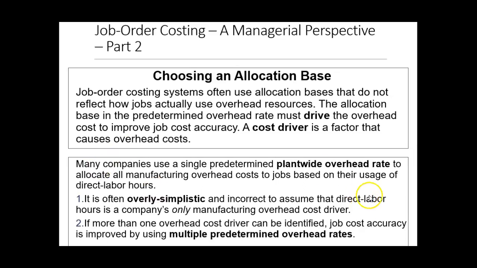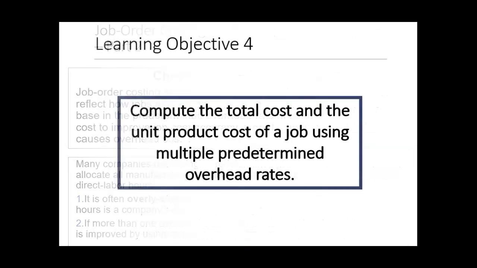To be more accurate, others use what's called multiple predetermined overhead rates, meaning that they may use an overhead rate in one department that could be machine hours compared to another department, it could be direct labor hours. They look at, again, which cost drivers have the biggest impact on the estimated manufacturing overhead cost.